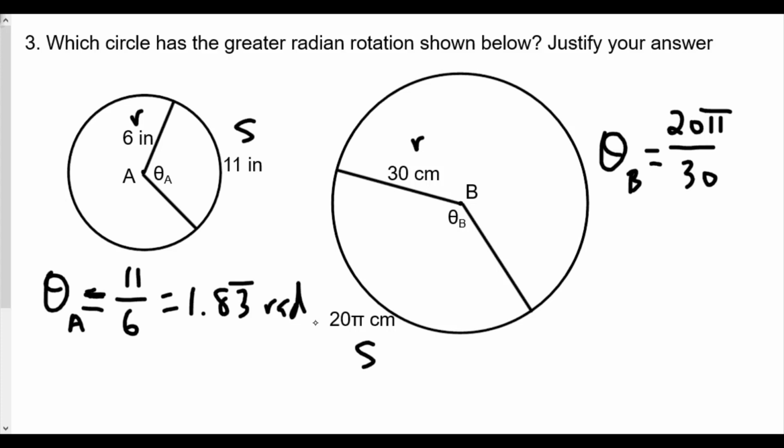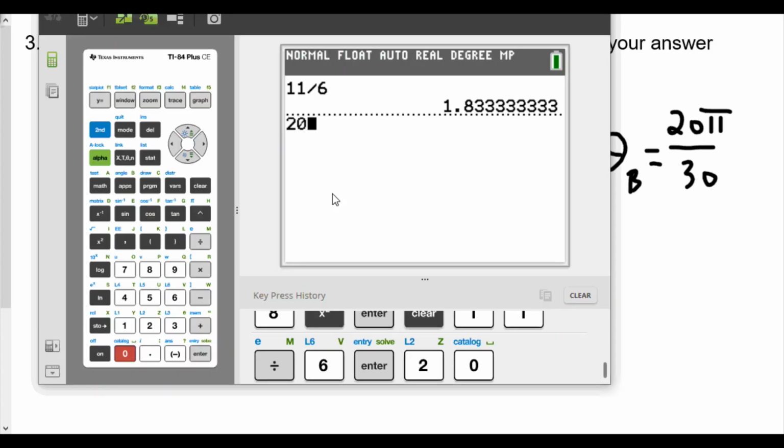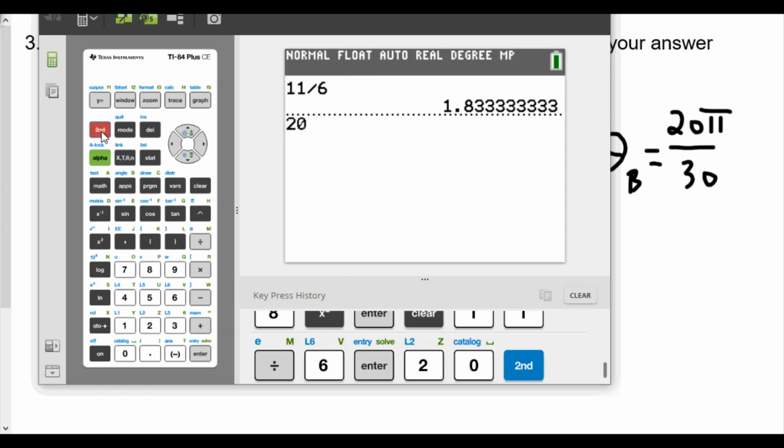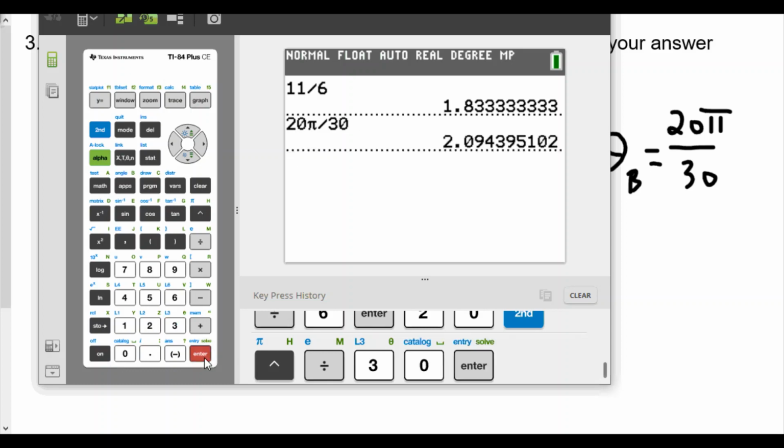Okay, and now we'll go to our second one, 20 pi divided by 30. So we do 20 and then pi divided by 30. Enter. We get 2.094. So about 2.094.